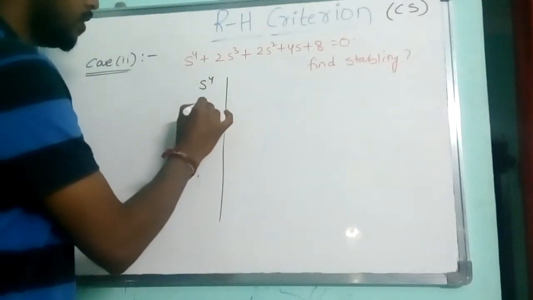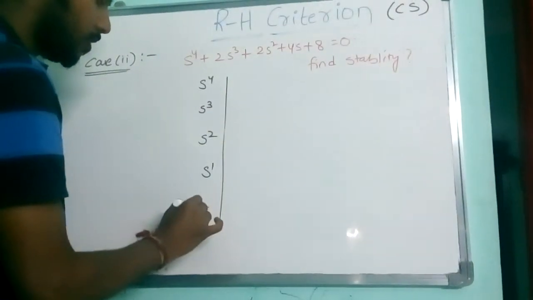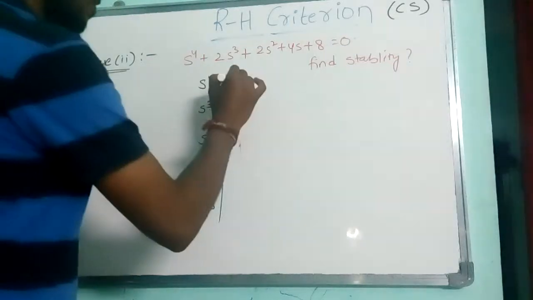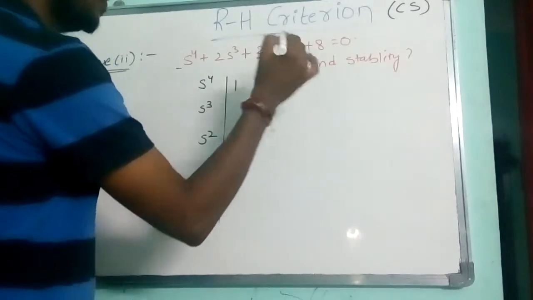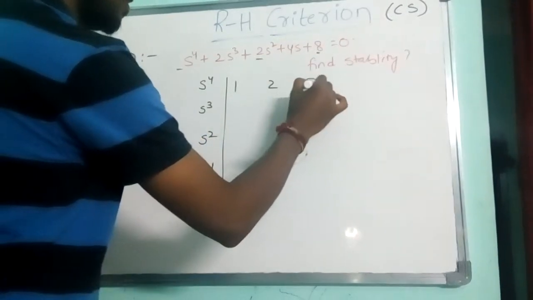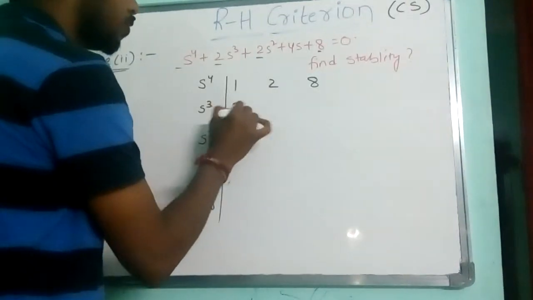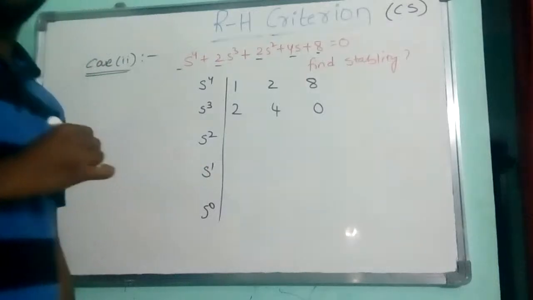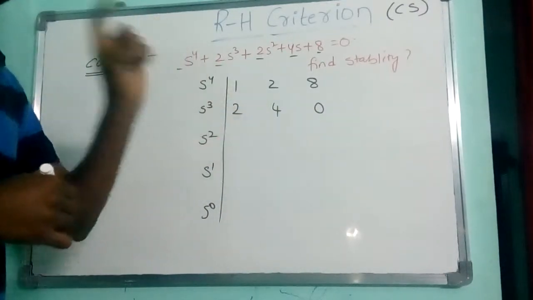So I'm going for the Routh array: s power 4, s cube, s square, s power 1, s power 0. Now coefficients are 1, 2, 8. Similarly 2, 4, 0. Now 2 2s are 4, 4 minus 4, 0.